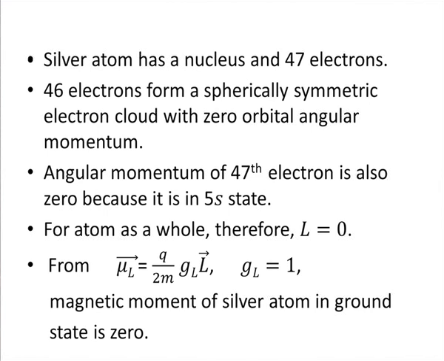Angular momentum of the 47th electron is also 0 because it is in the 5s state. For atom as a whole, therefore, L is equal to 0. From the relation mu_L = (q/2m) g_L L, magnetic moment of silver atom in ground state is 0.